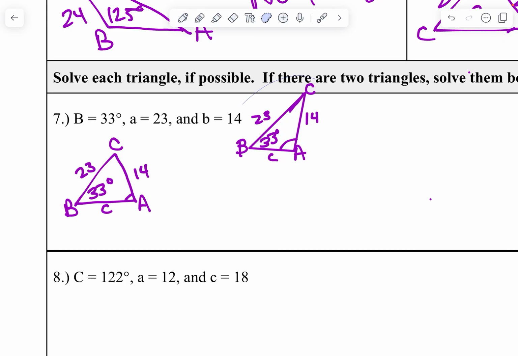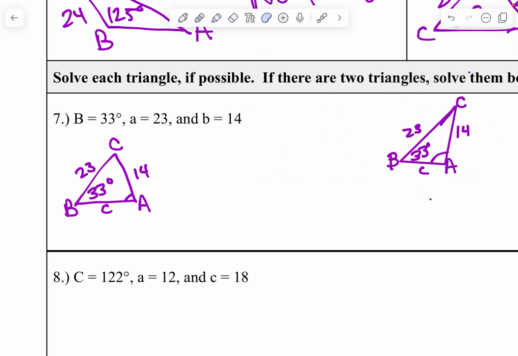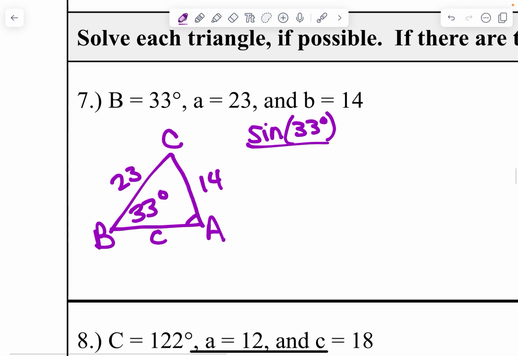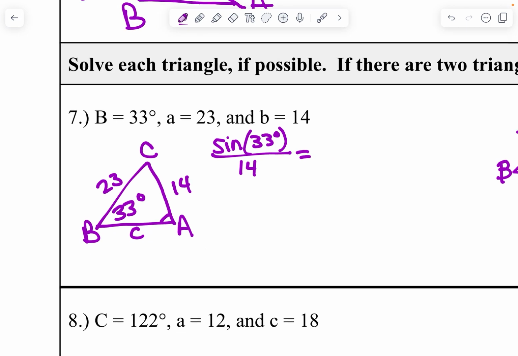So if we start with our first triangle, so let me move that one to the side for now. So I can do the sine of 33 degrees over 14, so side length across from the angle.